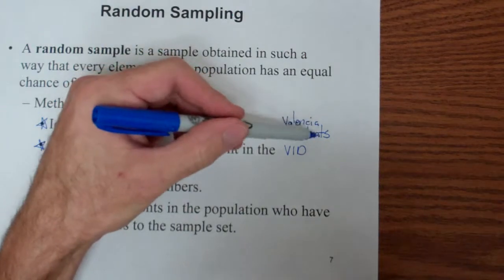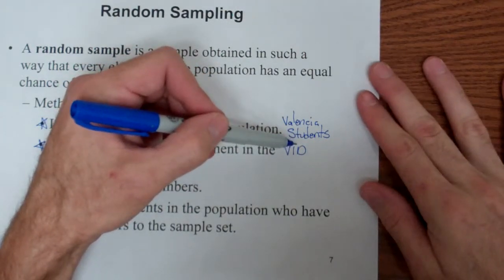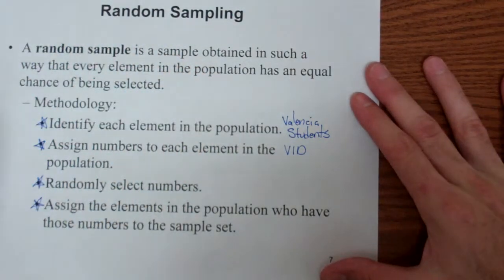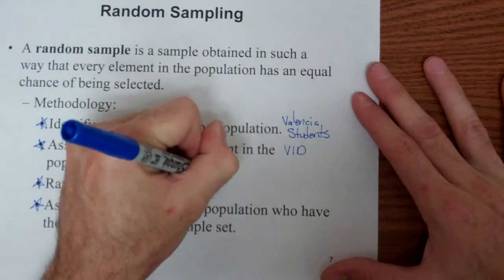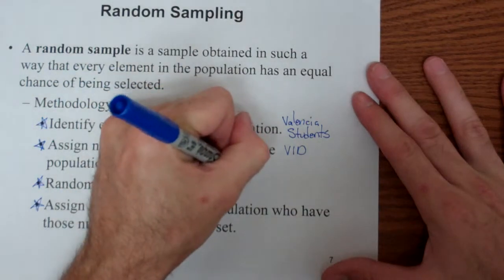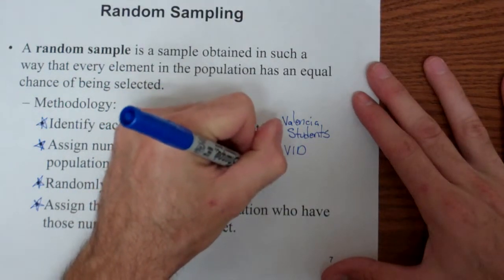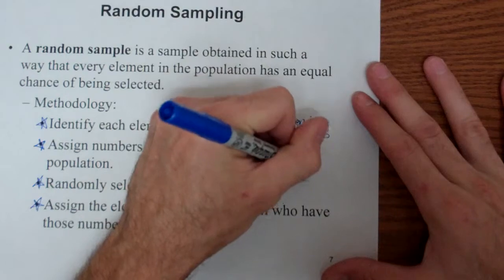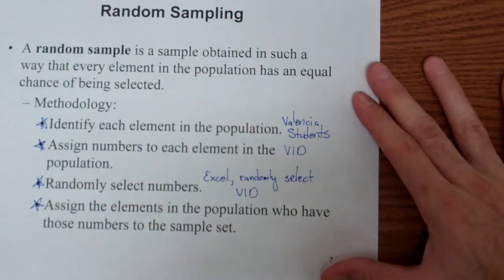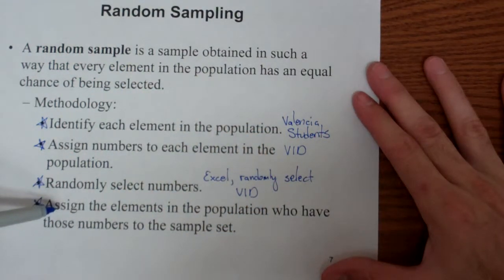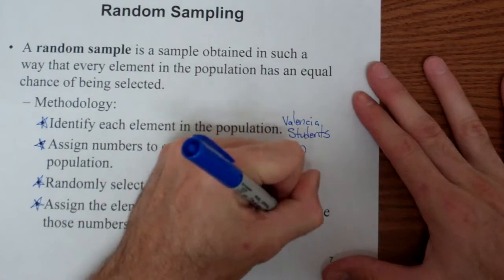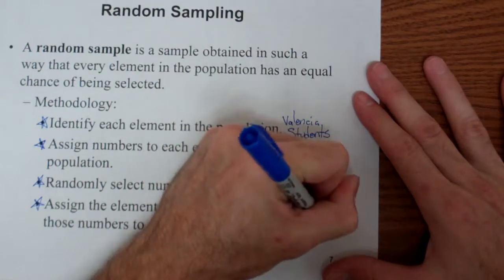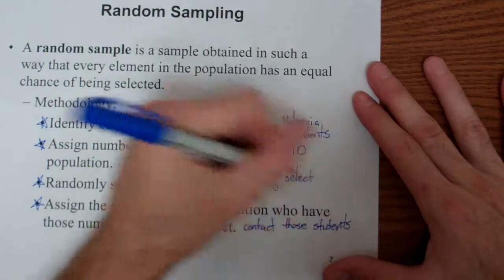And so if you're looking at all Valencia students, the VID is a great way to collect an unbiased sample. And then randomly select numbers. Use Excel or some other program to randomly select VIDs, and then assign elements of the population whose numbers are selected. And so then you just contact those students whose VIDs have been chosen. And that's your smaller sample.